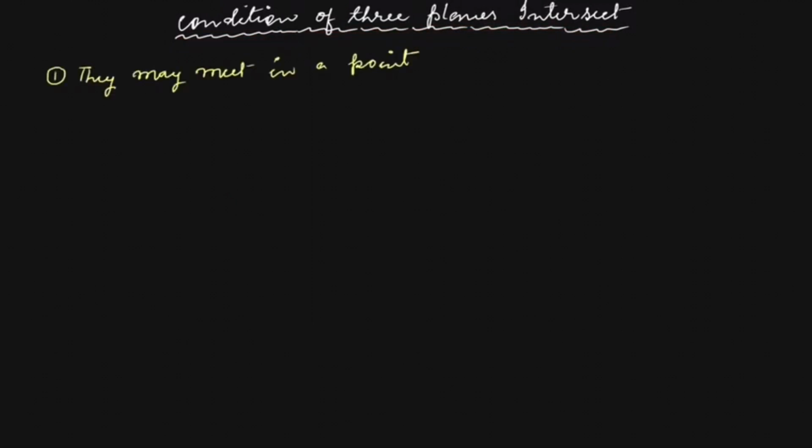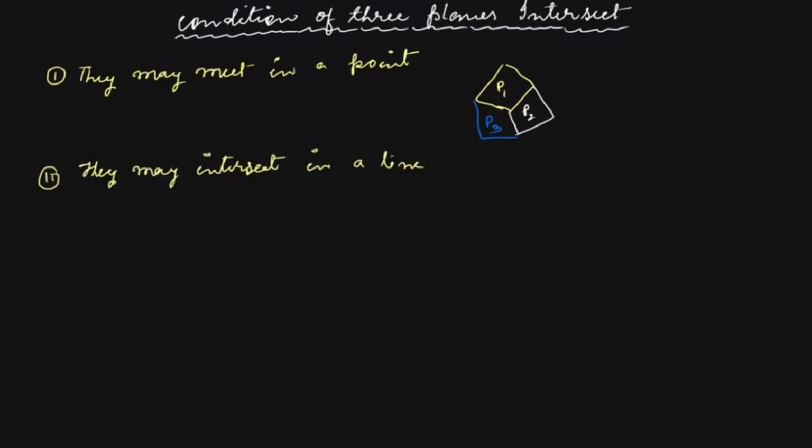Condition number 1, they may meet in a single point. When we draw the diagram, this is plane number 1, this we take plane number 2, this we take plane number 3. Their intersecting point is this.